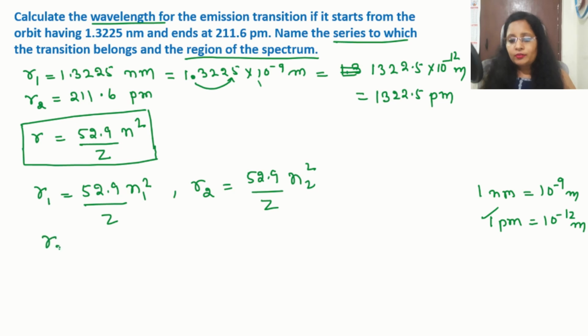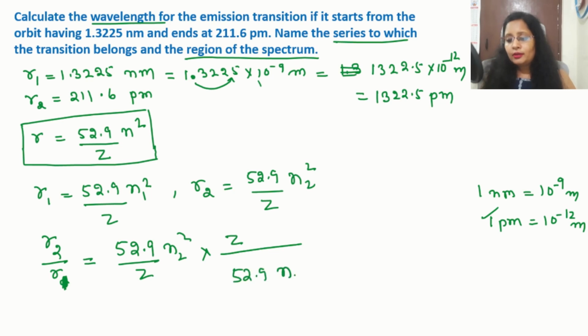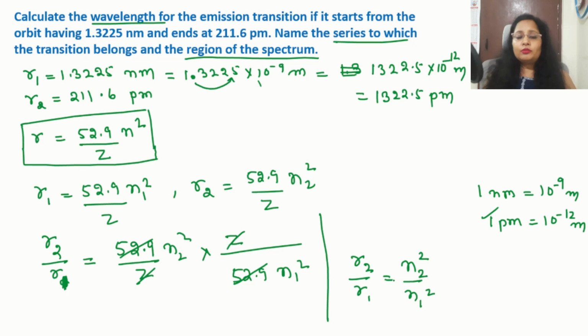So now from here we can find the values of n1 and n2. Let's see how. If we divide R2 by R1, we can write it as 52.9 n2 square upon Z multiplied by Z upon 52.9 n1 square. Now Z cancels out, 52.9 cancels out. So what will be left over? R2 upon R1 is equal to n2 square upon n1 square. Now we will use this to find the value of n.